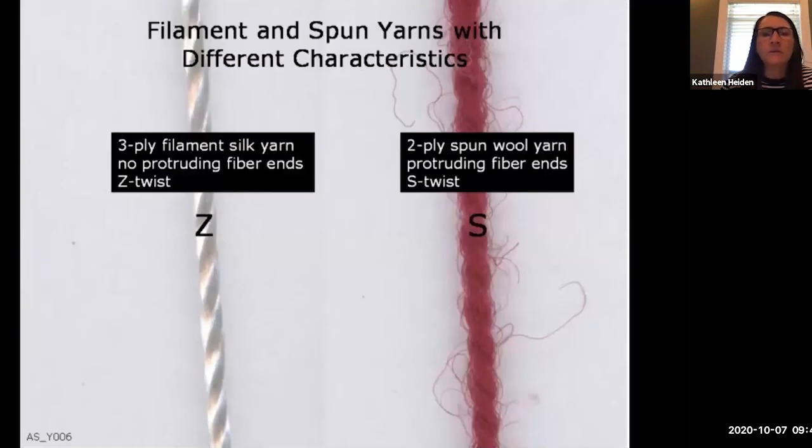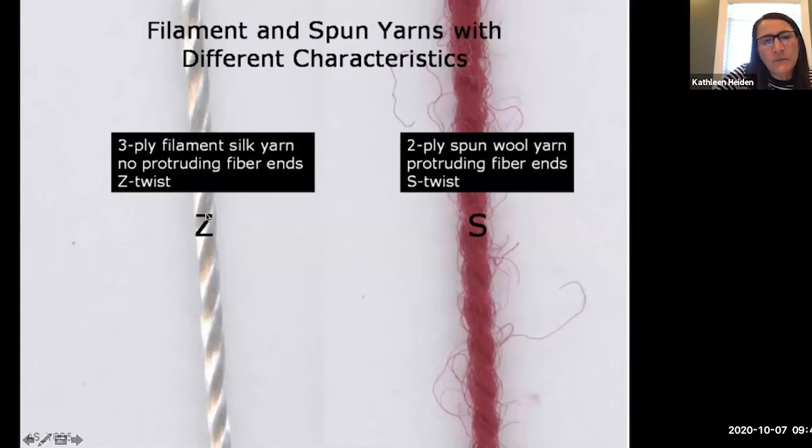All right, so when we talk about twist, Z twist versus S twist, what we're looking at is the direction that the twist is applied into the yarn. So we have 2 yarns here, and right here you can see these diagonal lines that are running through your yarn. So this is what we're talking about, Z twist.